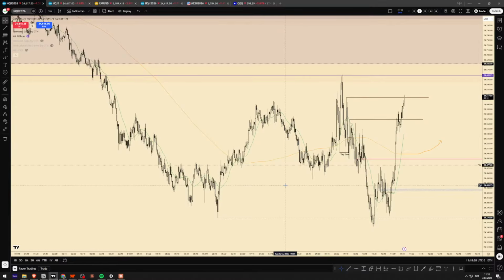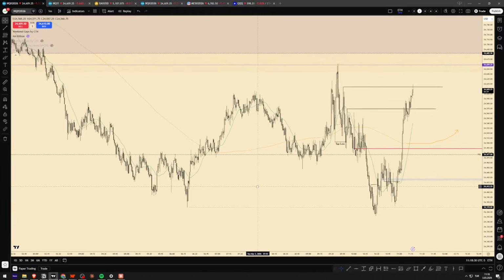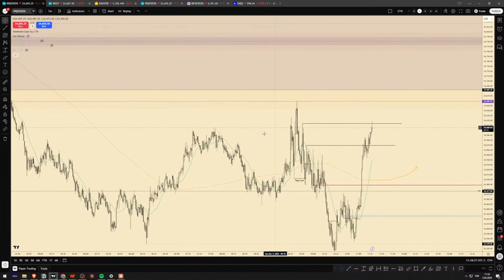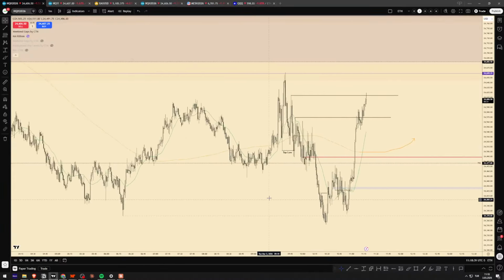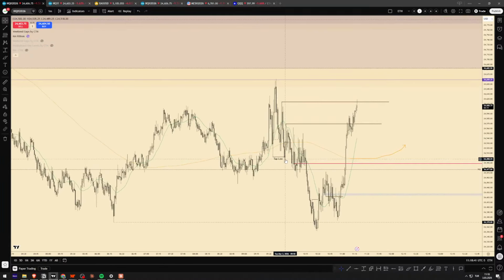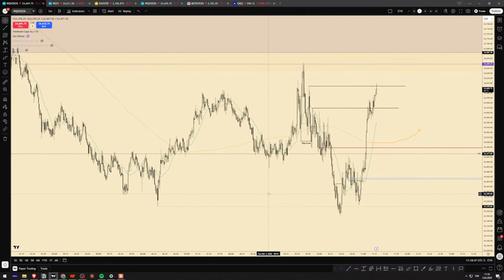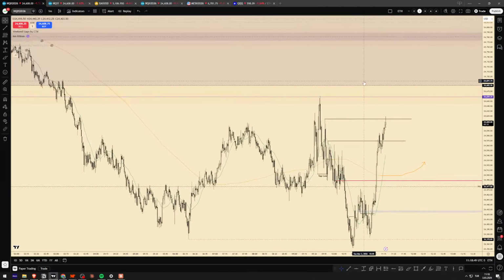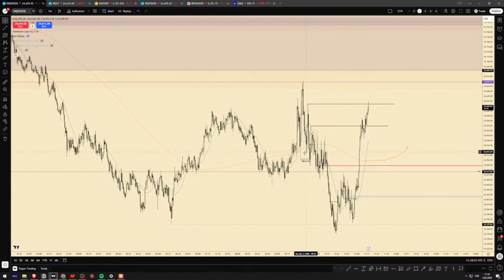I thought maybe price could leave London low and then take out this one, or even if it's going to be bearish, maybe it might sweep the high, tap the level and then turn back higher. I was just expecting this level, and when I saw the pattern I just clicked on it.